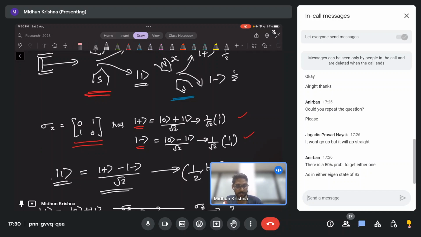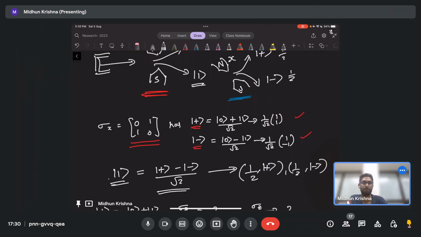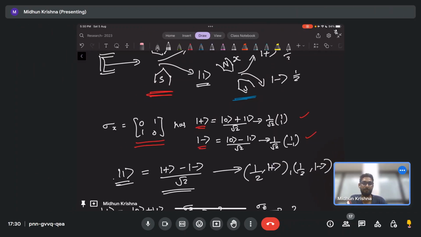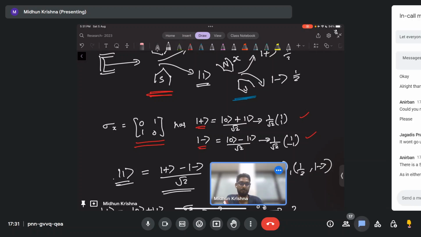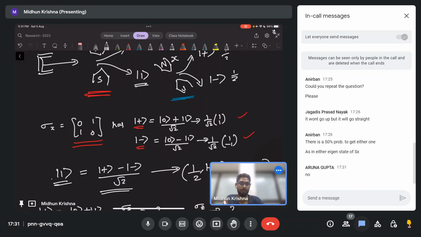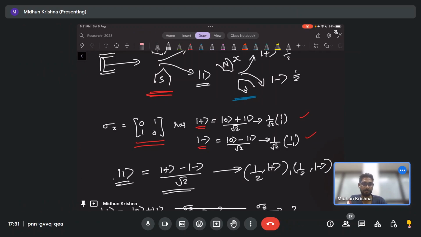With half probability I'll get plus, and with half probability I'll get minus. Is that clear? Does anyone have any confusion here? Jagdish, are you clear with this idea? Yes, yes. Okay.